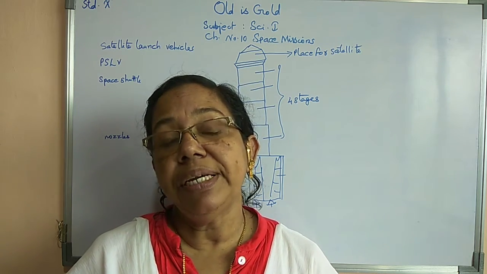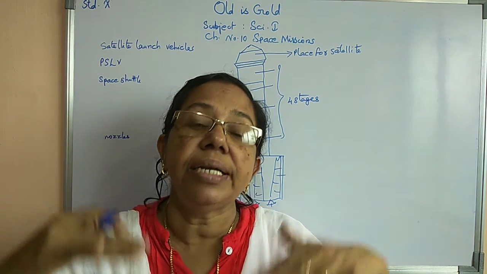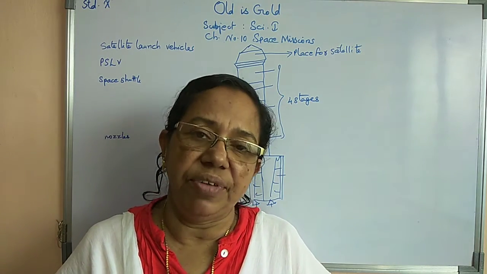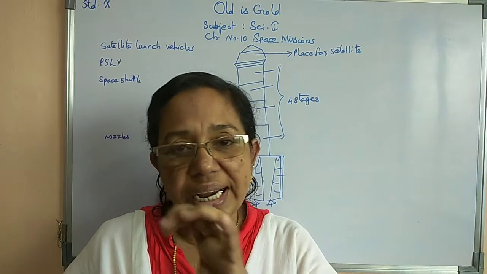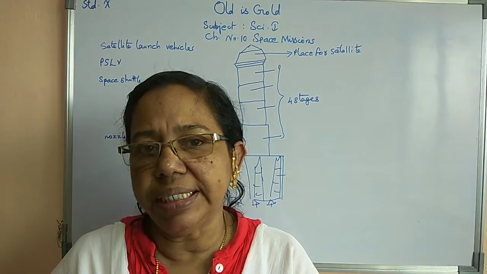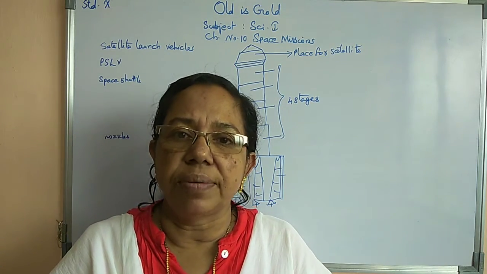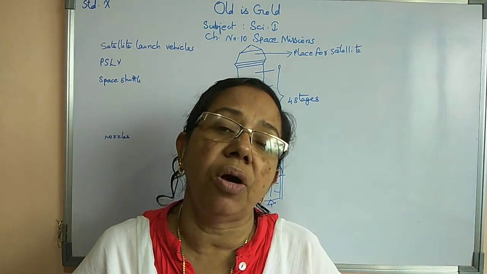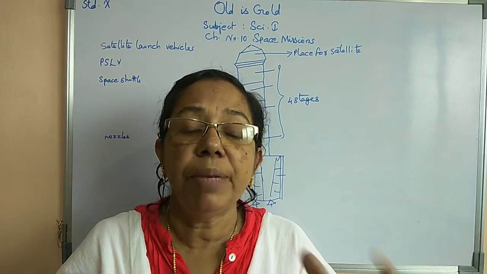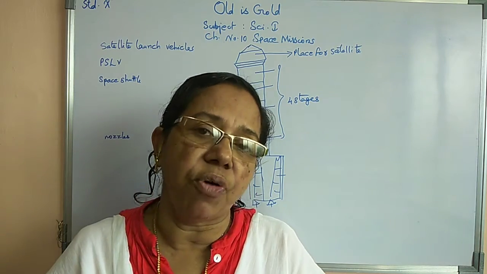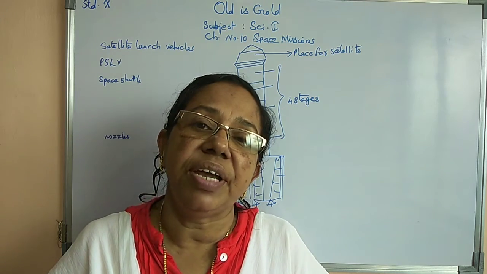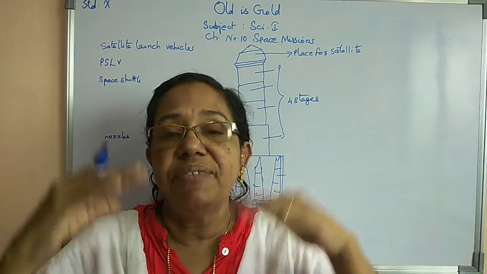Now, why PSLV has different stages arranged: because when the fuel in one tank gets used up, that tank will be discarded from the main body of the launching vehicle and it will fall down. As a result, the weight of the launching vehicle is reduced as it moves higher and higher.